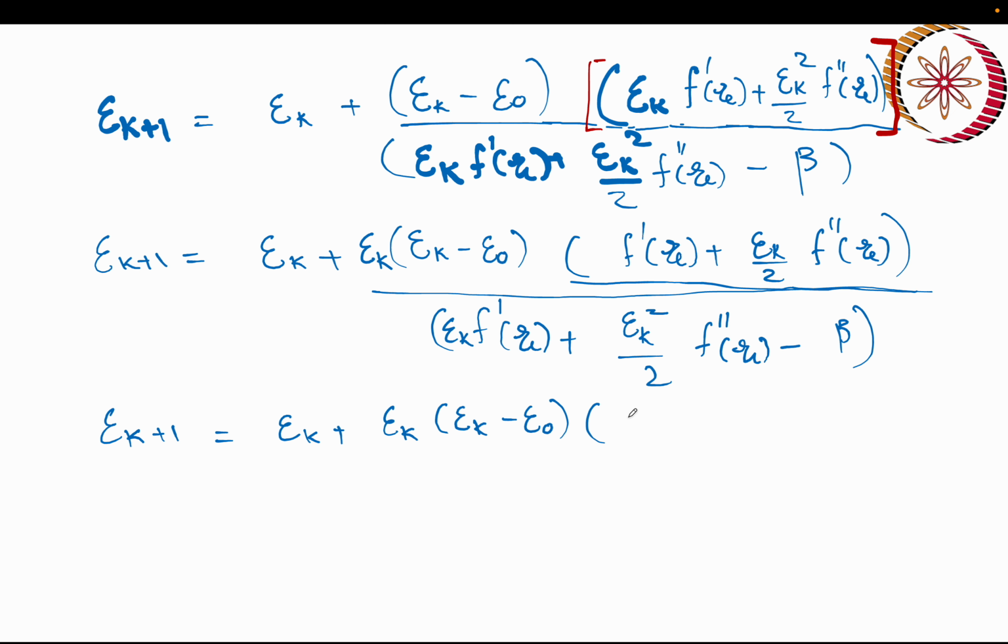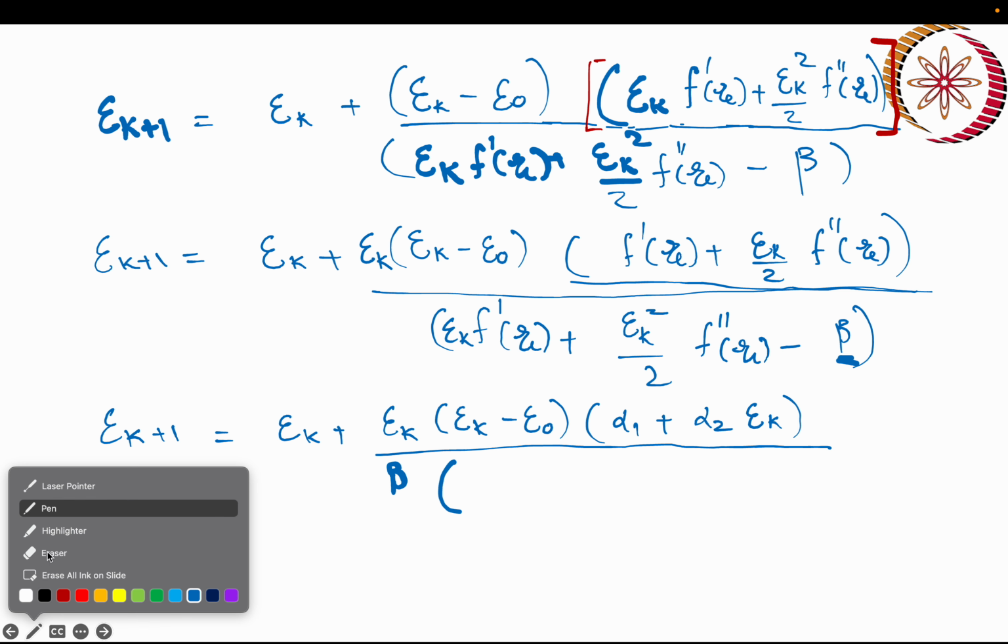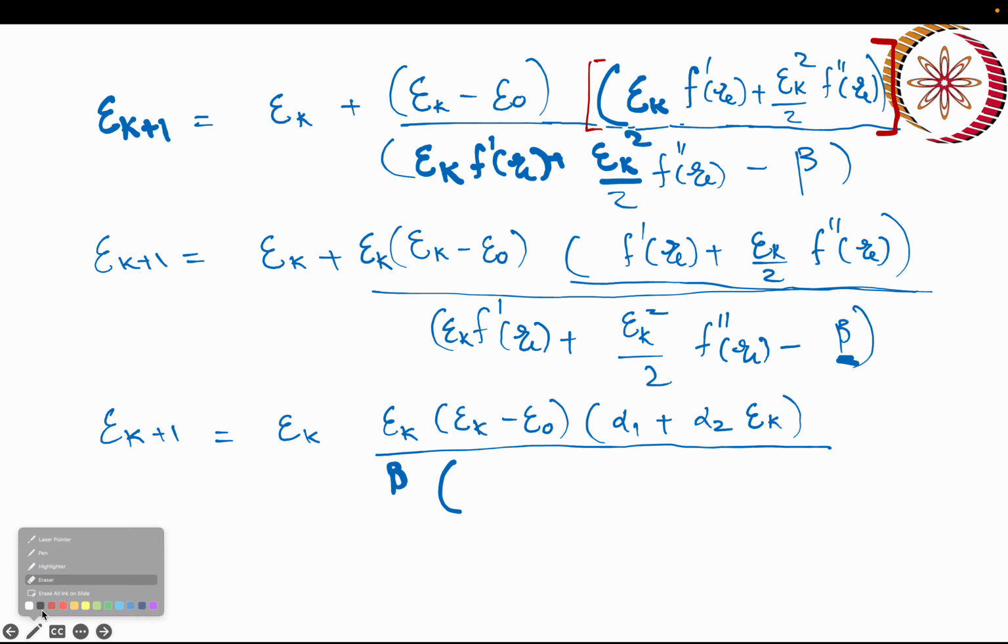So let's say this is alpha 1 plus alpha 2 epsilon k, divided by, we'll take this beta common, or we can take the minus beta outside, so it will be 1 minus epsilon k, and then this also we can treat as a constant.